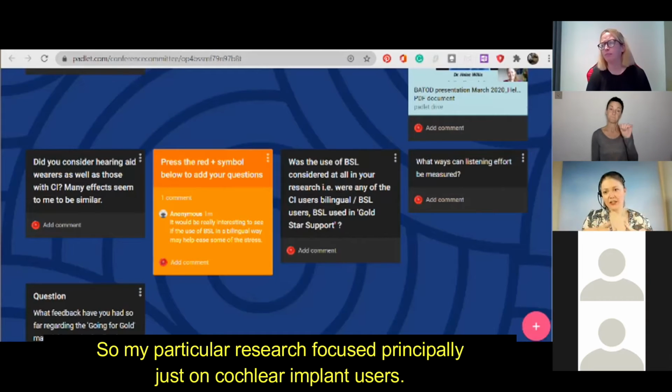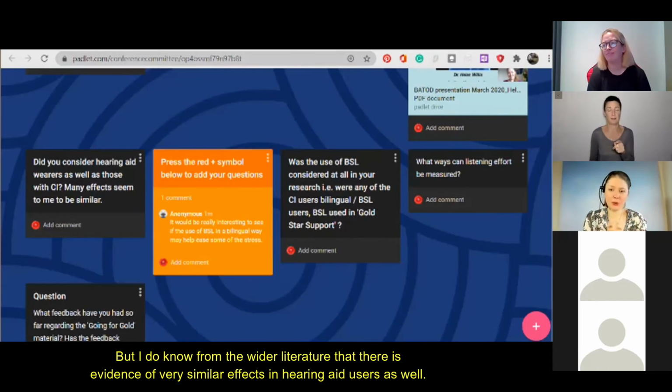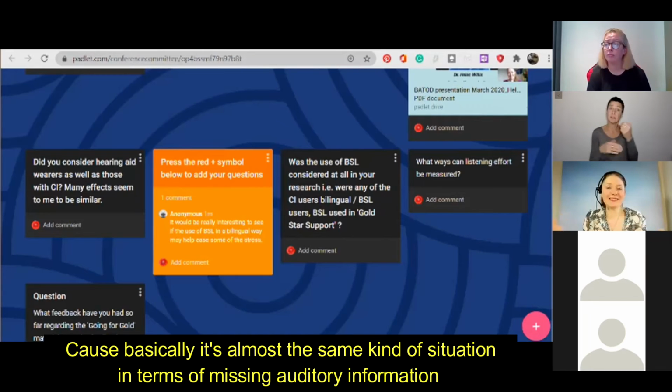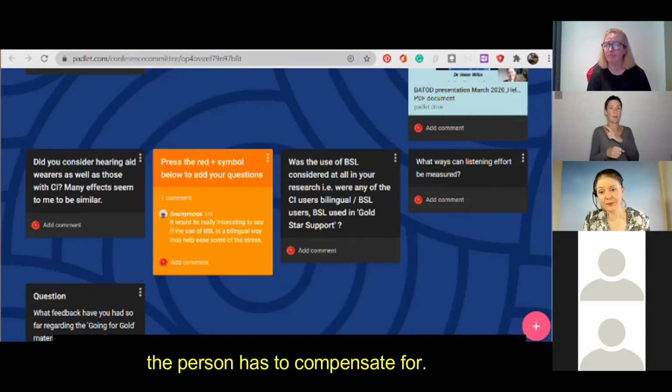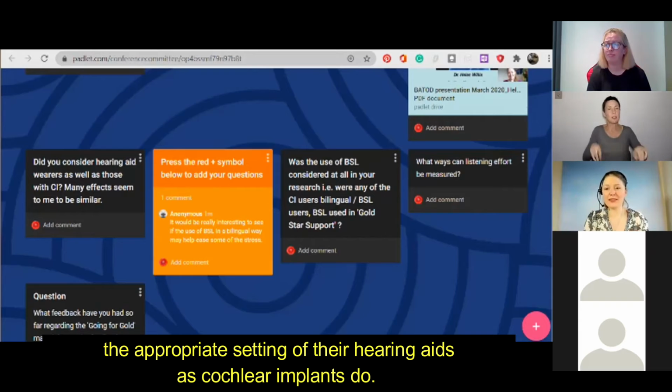So my particular research focused principally just on cochlear implant users. My Go for Gold was based directly on that, and that's the only reason why I focused on CI users. But I do know from the wider literature that there is evidence of very similar effects in hearing aid users as well, because it's almost the same kind of situation: there's missing auditory information the person has to compensate for, and they have similar challenges in terms of tuning and the appropriate setup of their hearing aids as cochlear implants do.